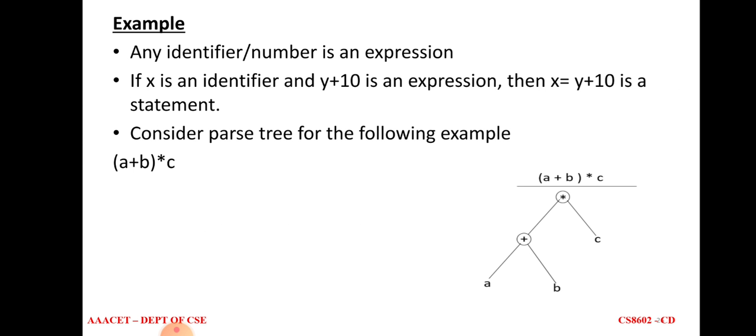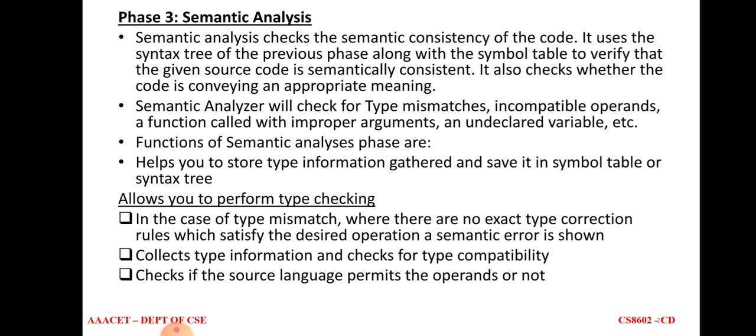So we take plus as root, with left child a and right child b. From this diagram you can clearly see that interior nodes are operators and exterior nodes are operands. Interior nodes are star and plus, and exterior nodes are a, b, c. That is operand. Operand is nothing but a variable or identifier.